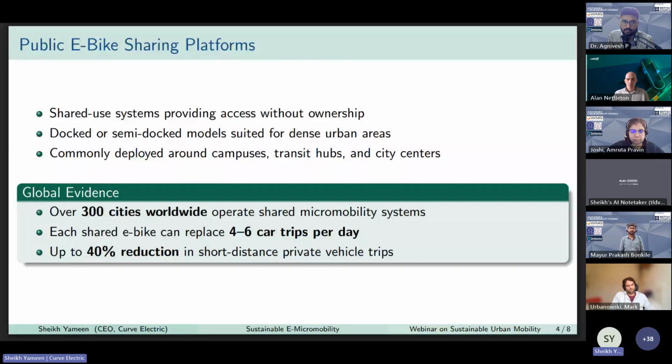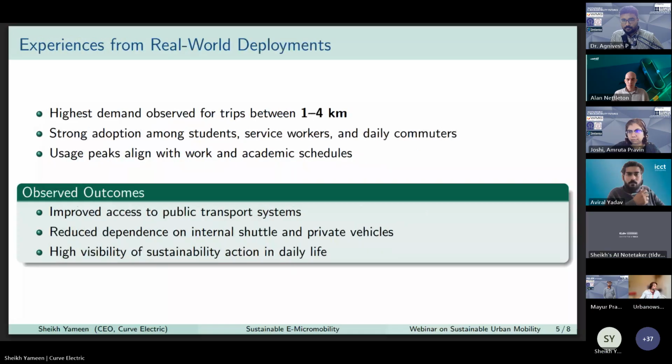This is of significant impact on the traffic congestion and the emissions that our cities are facing. If we are able to launch these systems properly, we can see up to 40% reduction of private cars on our roads, at least in urban settings. So that is very important.